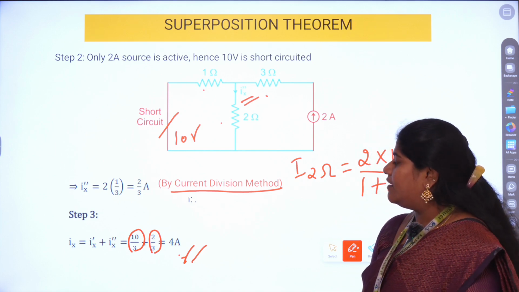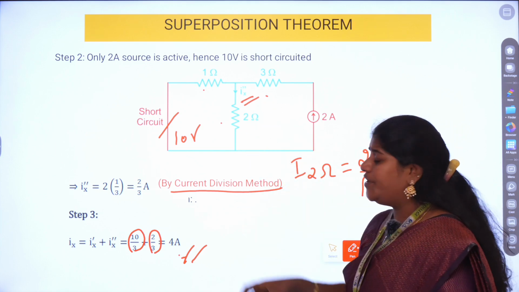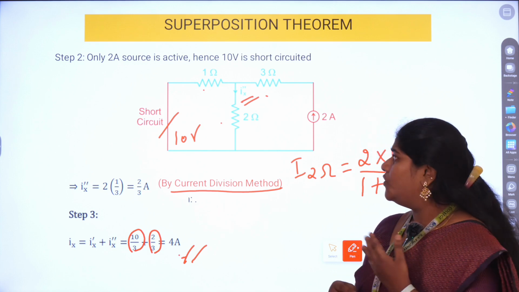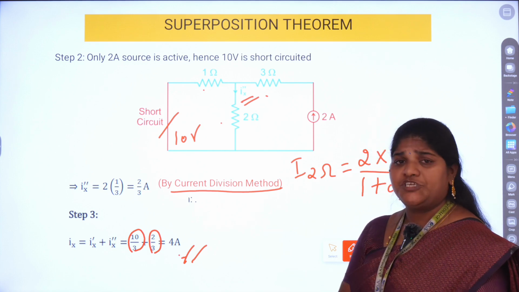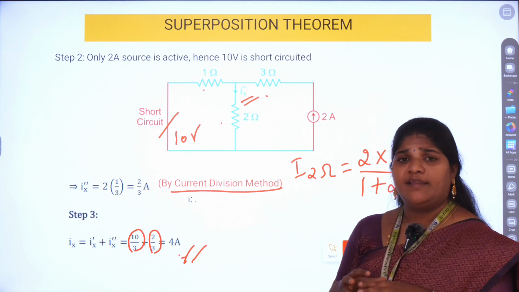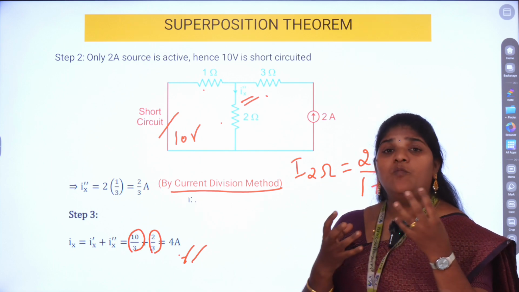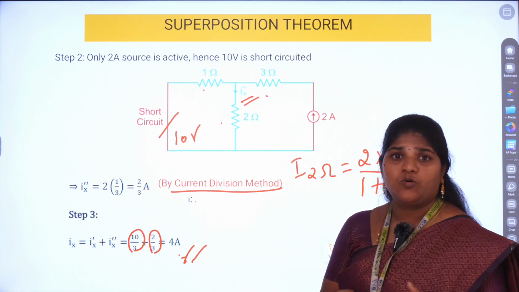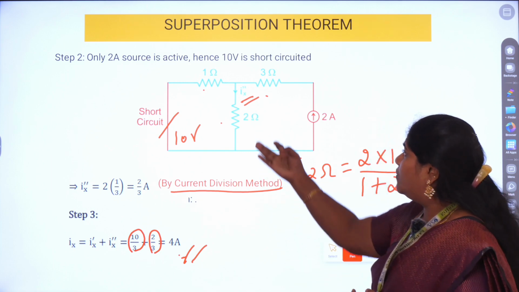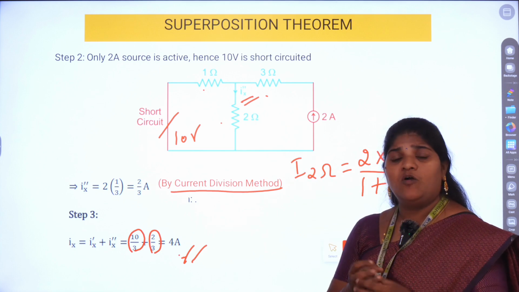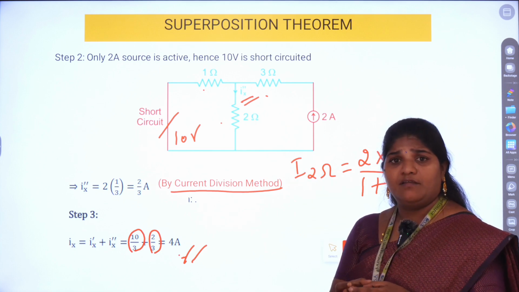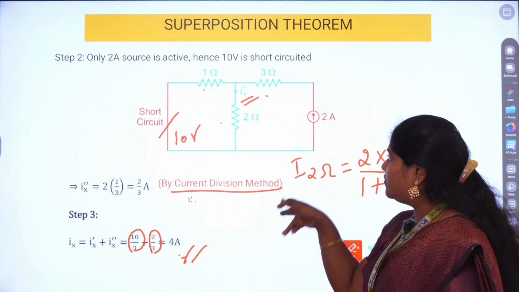So here also, rather than seeing what is the current flowing through the 2 ohm resistor due to the superposition theorem, your question or your understanding should be this way: how much contribution is my 10 volt source making to the current flowing through the 2 ohm resistor?